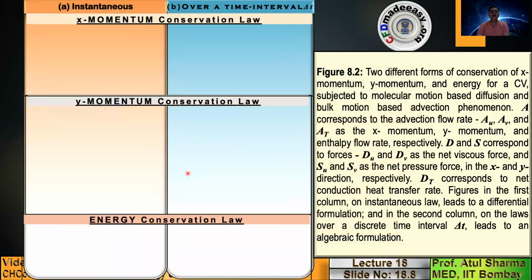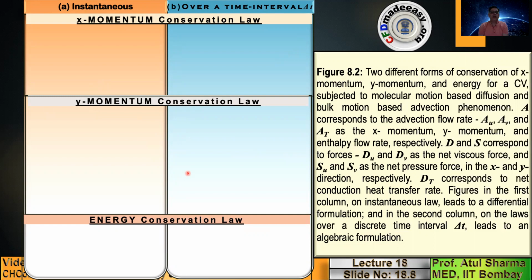In the previous topic, I had mentioned that the finite physical law based finite volume method that is being presented here in this lecture series uses the energy conservation law in a discrete form, which corresponds to a time interval delta t.